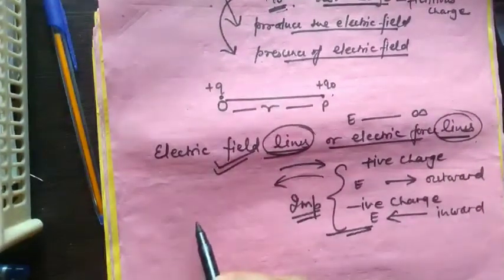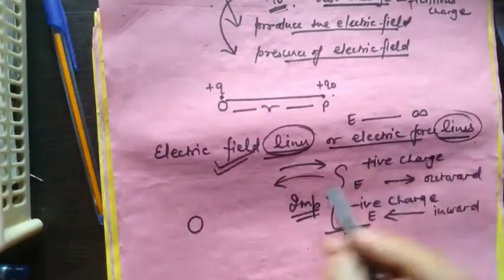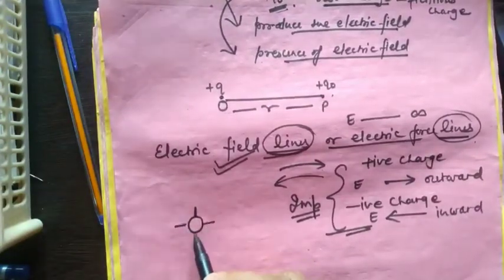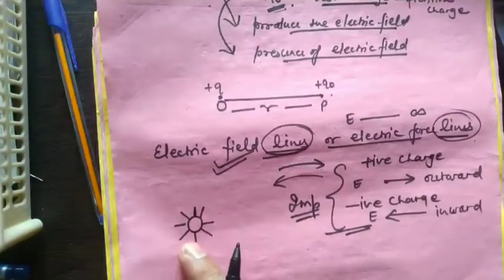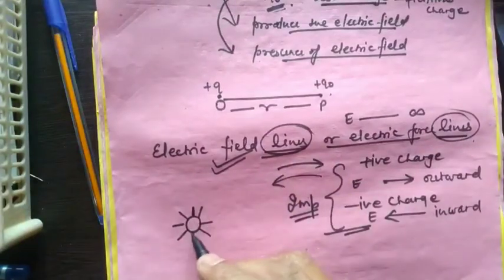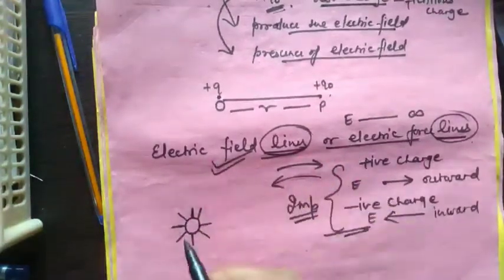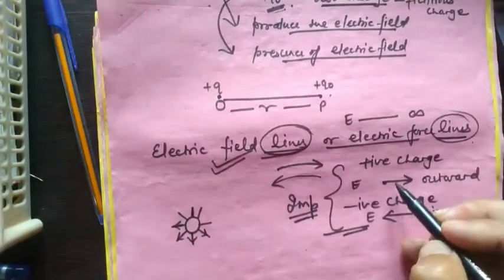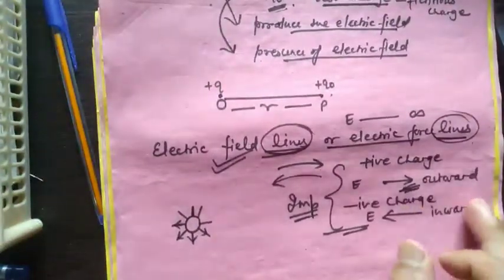If we draw electric field lines or electric force lines from a sphere with positive charge, then the electric field lines will be outward, as I explained in the previous condition.